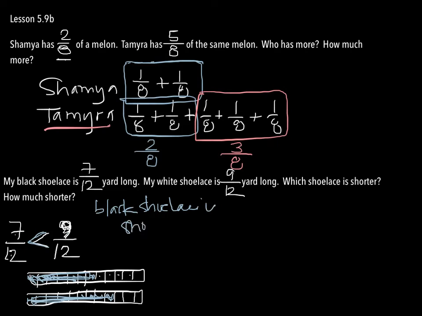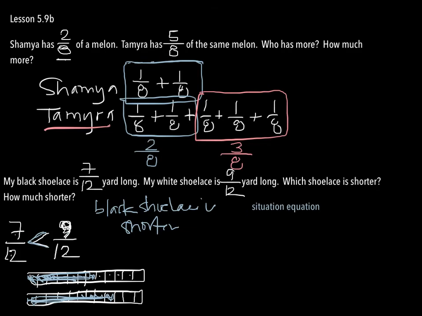Okay. Now the question is how much shorter? And to do that, we're going to set up an equation. The first equation that we want to look at, we're going to start off with what's called, remember, the situation equation.